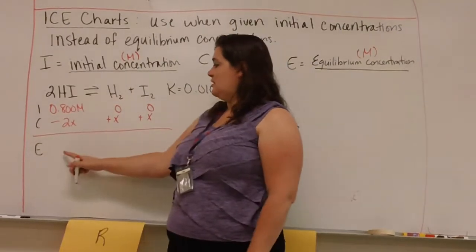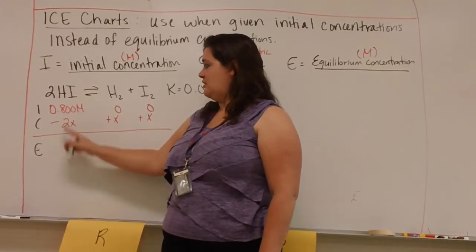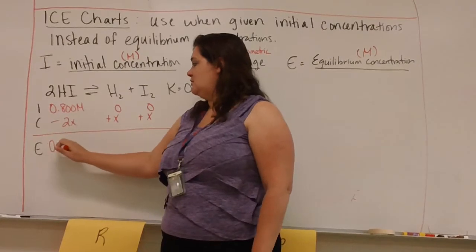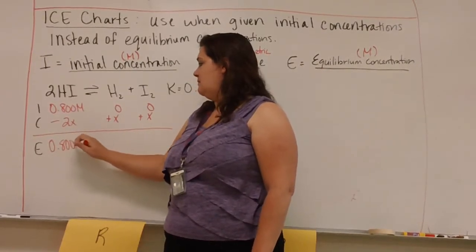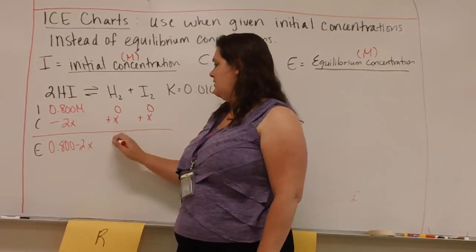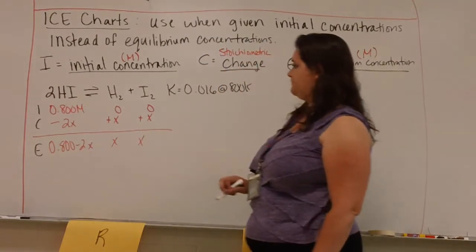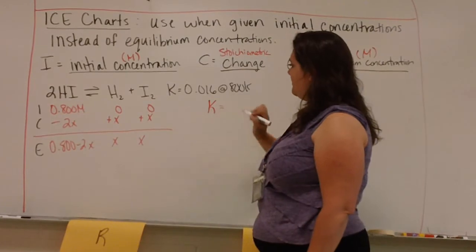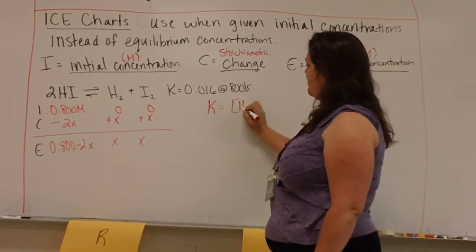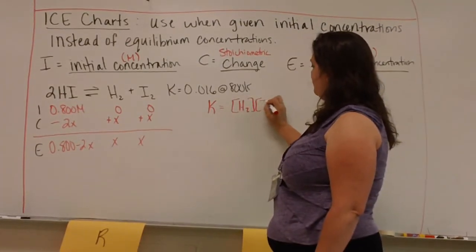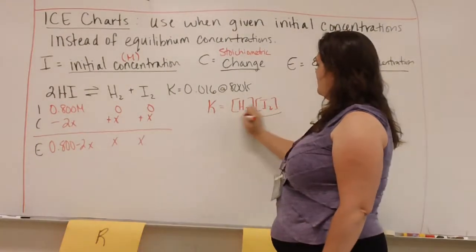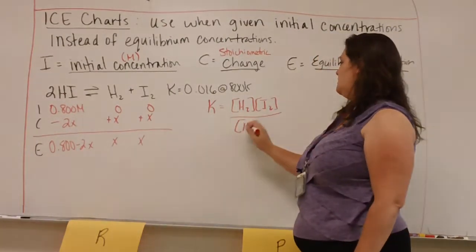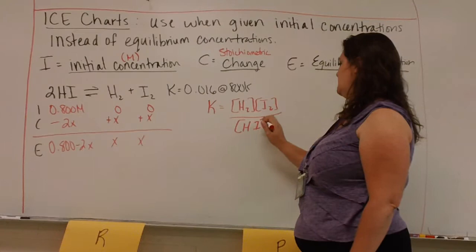And then to determine our equilibrium concentrations, we'll just add down. So we have 0.8 minus 2X, and X, and X. So then we want to plug that into our equilibrium expression. Our equilibrium expression is going to be our products raised to their coefficients divided by our reactants raised to their coefficients.